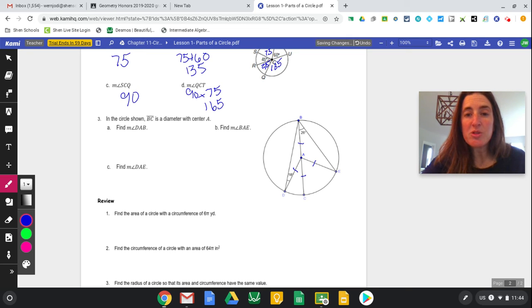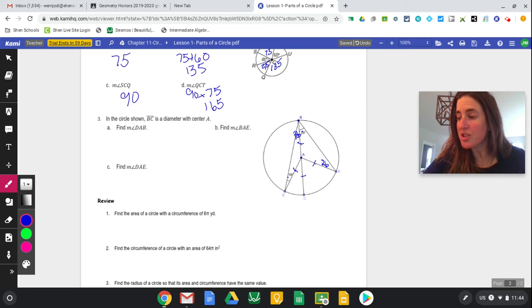Now, when you mark those radii, you can see that there are isosceles triangles. So this guy over here is 26, because if this angle is 26 up here, these two are isosceles. Remember, those two angles are going to match each other, which means this angle up here is 18. Because these two sides are isosceles and that angle is 18, so is that one.